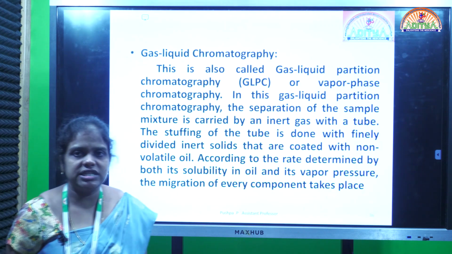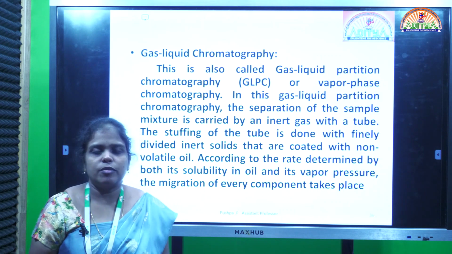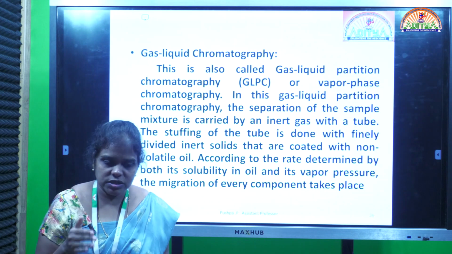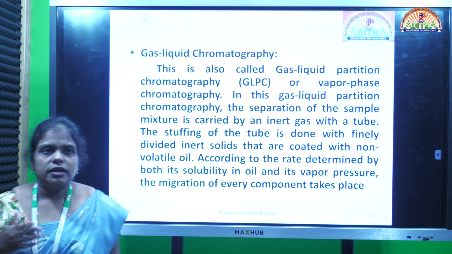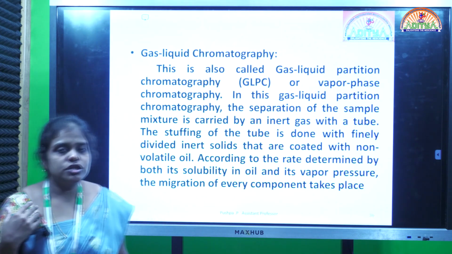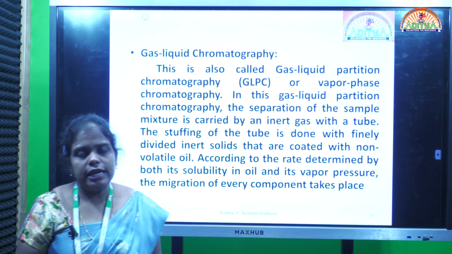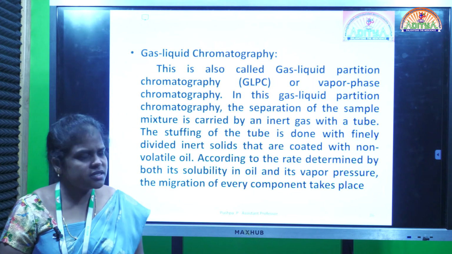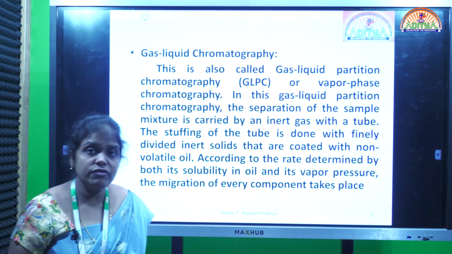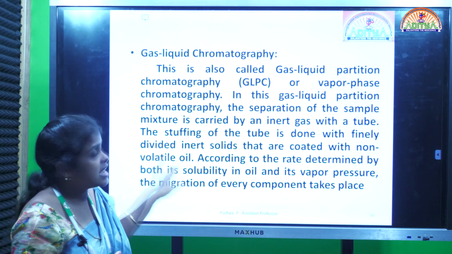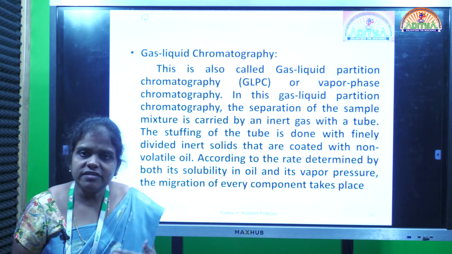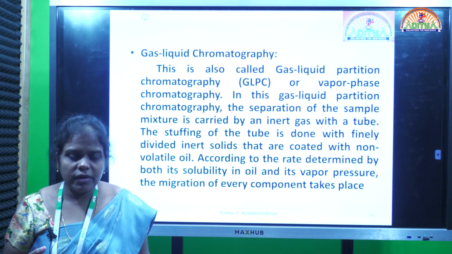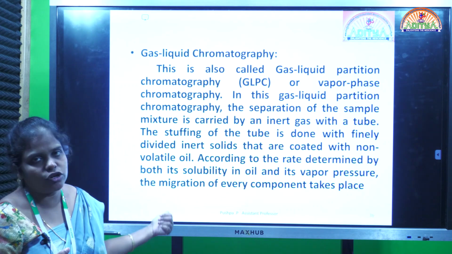The best example is GC, gas chromatography. Obviously, in gas chromatography the mobile phase we use will be in gas form. The most commonly used mobile phase gases are helium, hydrogen, neon. And the stationary phase is liquid itself. One more thing we have to take care of in gas liquid chromatography: whatever sample we are going to separate, if it is in gas form, well and good, we can use gas chromatography.